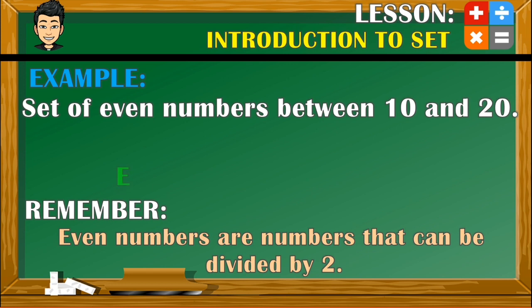In this example, let us name our set as set E. Since we are talking about even numbers between 10 and 20, 10 and 20 are not included even though they are even numbers. We start with 12, then 14, until the last element, which is 18. Then close it with a bracket.